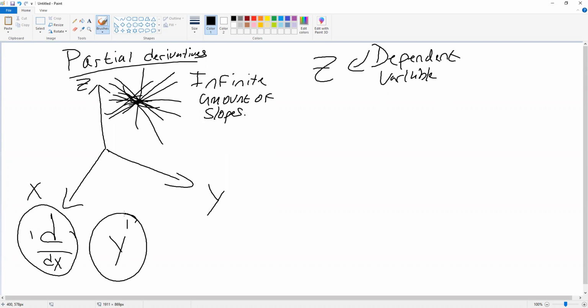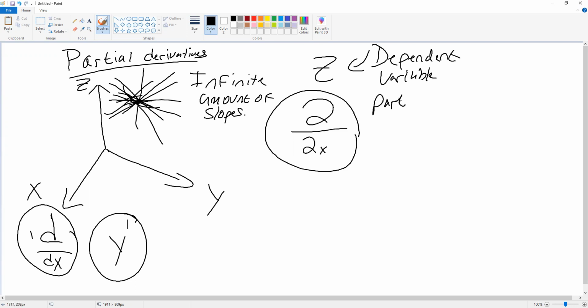We're going to make it fancy. It's going to be a curly thingy. This is what we're going to reserve for the partial derivative. This is the notation for the partial derivative. Is that a 2? It's a curly d.